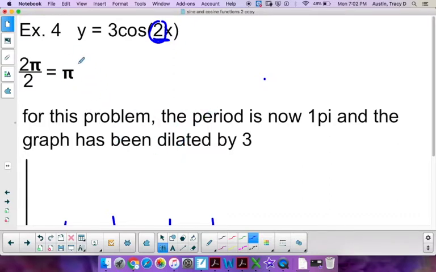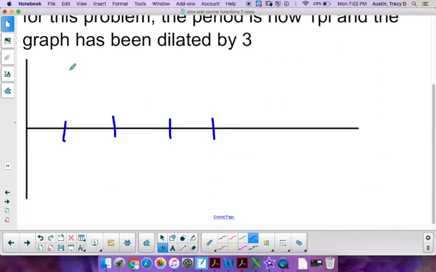So our period is now 1 pi. That's from 0 to 1 pi, and we've already done this. So what's halfway between 0 and 1 pi? Half of pi. What's halfway between 0 and 1/2? Half of a half. It's a fourth. And what's halfway between a half and 1 is 3/4. So 3 pi over 4 is what we call it, or 3/4 pi.